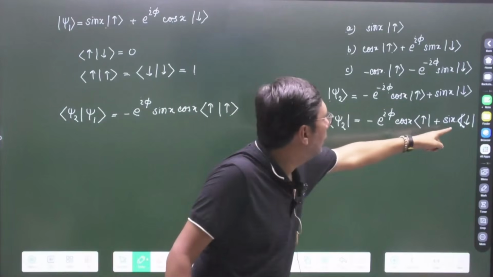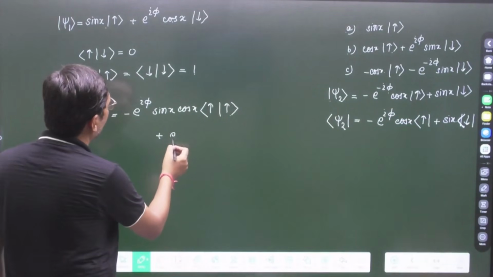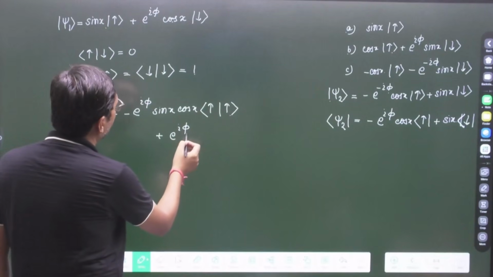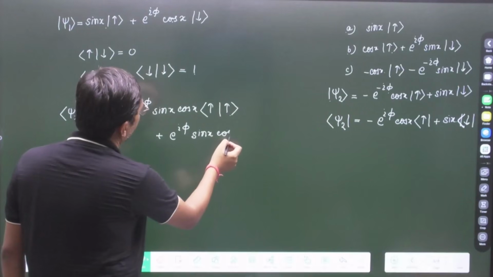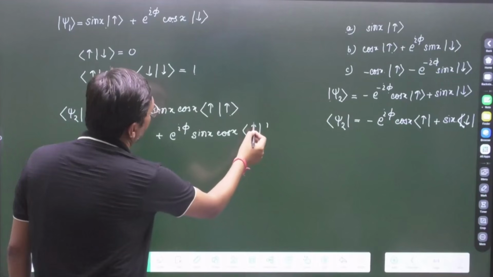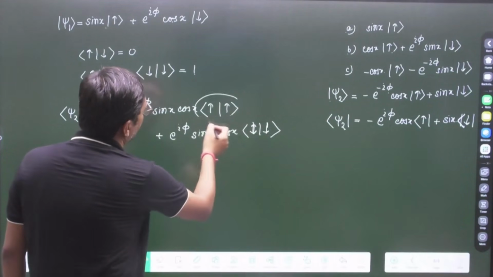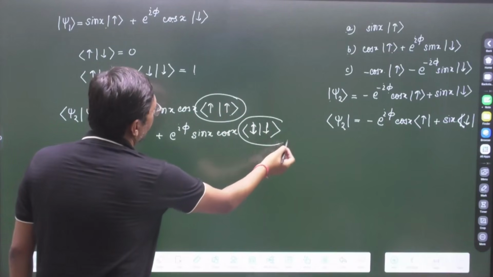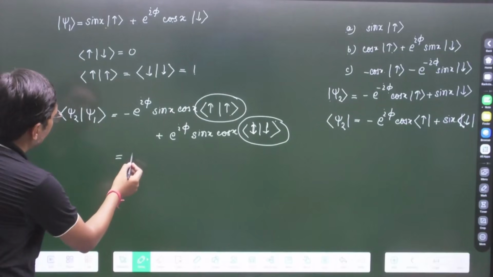This is going to operate over this. So this will again be plus e to the power iota phi sin x cos x. This will be up vector, sorry, down vector. This will be down vector, and this is 1. So this will be equal to 0.